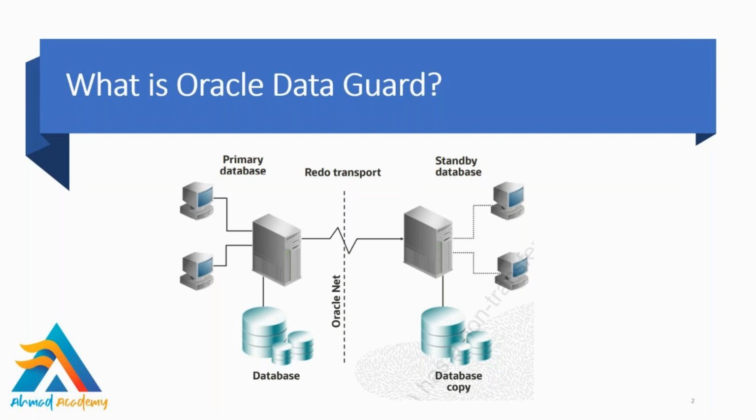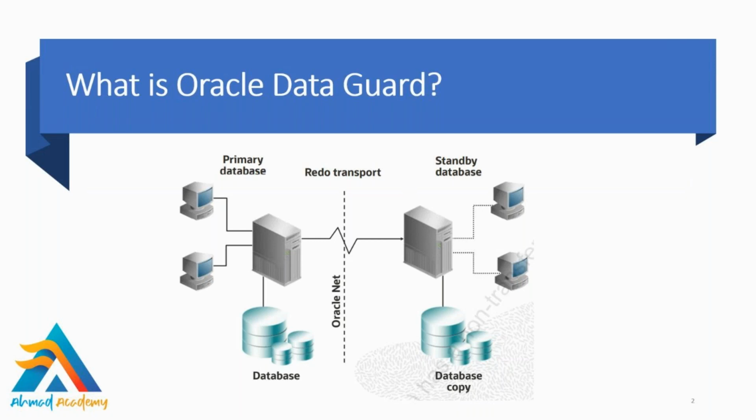So data guard is basically a copy of an Oracle production database, which we call a standby database, and that can be used if the production database is taken offline due to routine maintenance, or damage to your production.